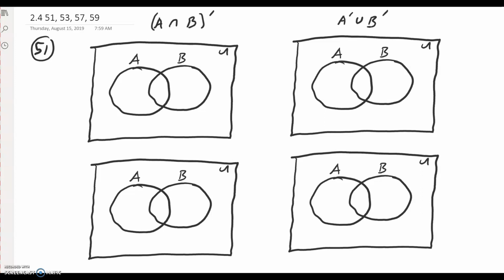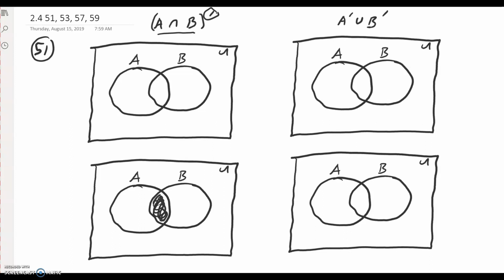If we go with what's inside the parentheses and then build our way to outside, that's probably easiest. So the intersection of A and B down below here: this is everything that's in A, this is everything that's in B. So this right here is the intersection of A and B. Now what does the complement of that look like?